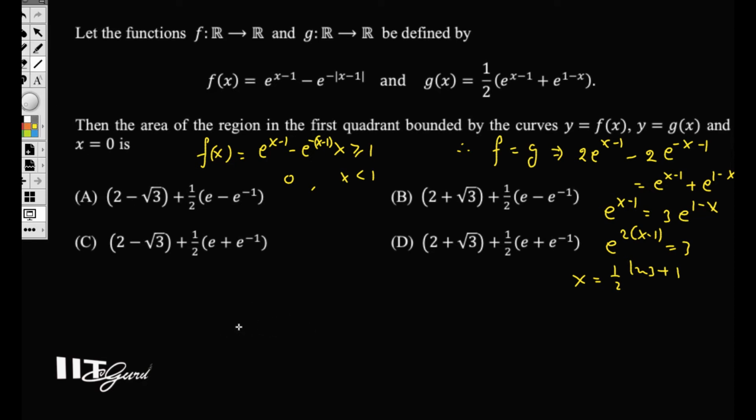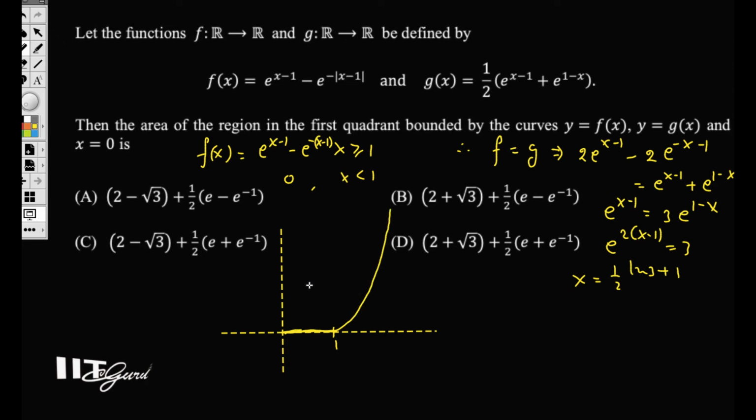First of all, let this be the x-axis and this the y-axis, and let's draw fx. For x less than 1, up to 1, the result is 0. Beyond x equal to 1, the function goes up this way.